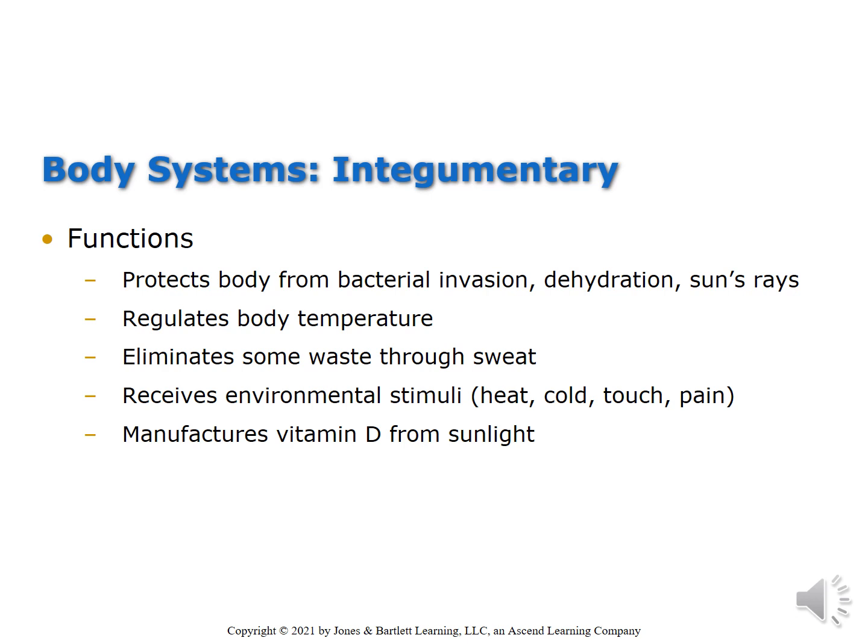The function of the integumentary system, which includes the skin, the nails, the hair, and the structures within the skin, is, very importantly, to protect from bacterial invasion, dehydration, and the sun's rays, and to maintain water balance. It regulates body temperature by either releasing water in the form of perspiration or by diverting blood to the core of the body away from the skin to maintain body heat.